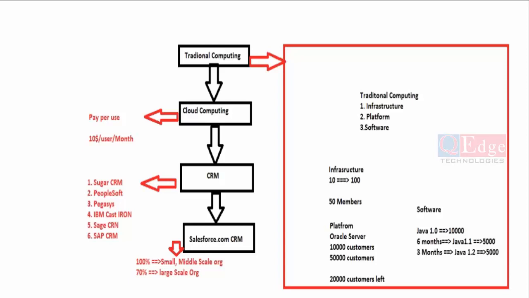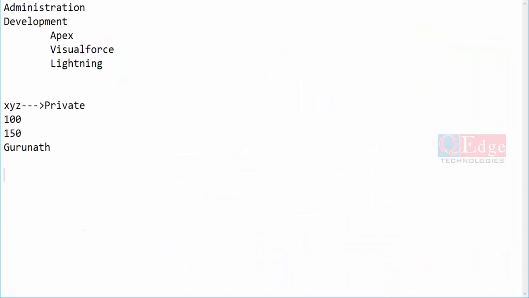Finally you will go for an agreement. Generally, in any technology, whether it is a cloud technology or a traditional technology, when you are trying to build an application for any organization, there are three key pillars we have to consider.